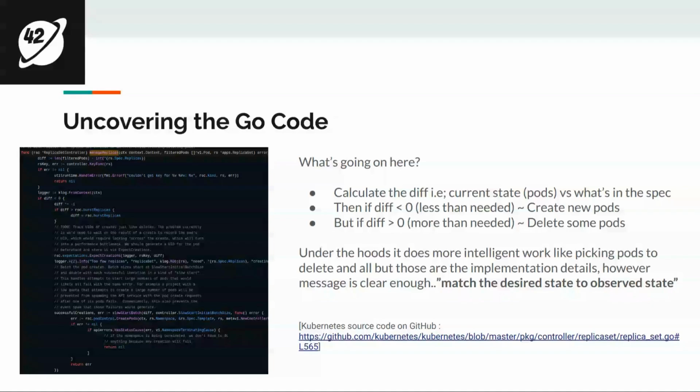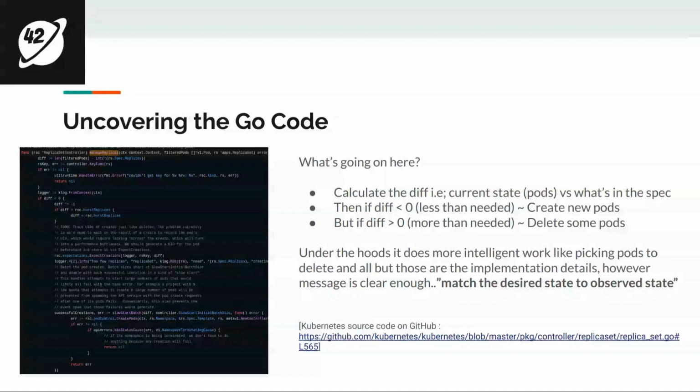It's just looking at the desired number of replicas, and if the replicas requested are more than the replicas observed in the cluster, it's creating new ones. And if the replicas requested are less than what is observed in the cluster, it is going ahead and terminating some pods. But at the end of the day, the idea is very simple.